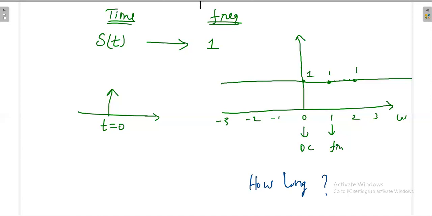Okay, we'll go to the next question, the second question. Find the Fourier transform for x of t is equal to e power minus at u of t. Before applying the formula, first verify whether this is absolutely integrable or not.